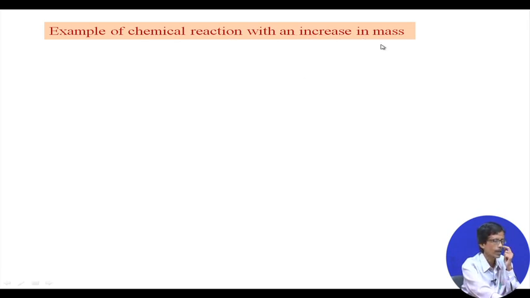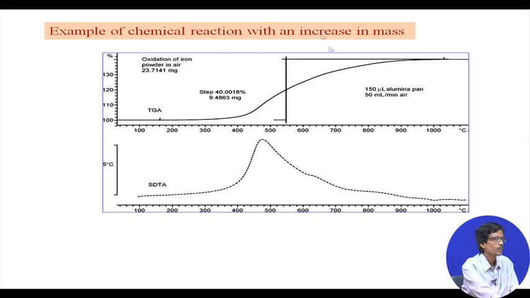Like FeS2 burning in air, we have a corresponding increase in mass. Instead of taking the FeS2 sample, we can also take a typical example again from your book: the oxidation of iron powder in air.